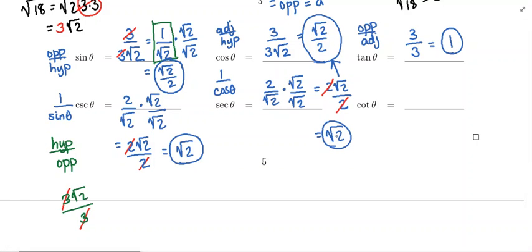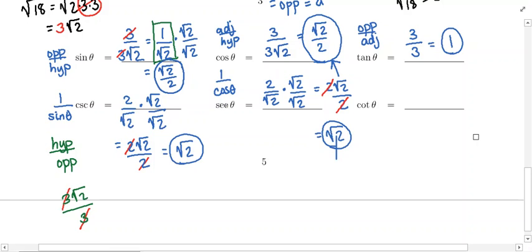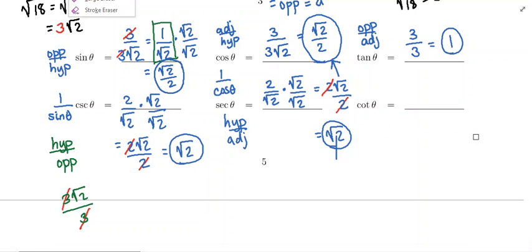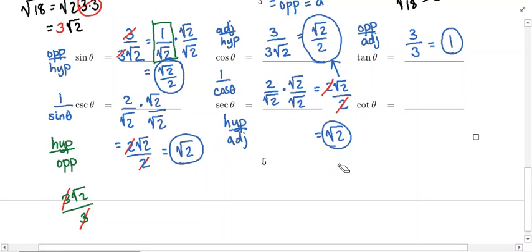You could have also treated this one as, since secant is 1 over cosine of theta, and cosine of theta is adjacent over hypotenuse, the secant is the same thing as the hypotenuse over the adjacent. So you could have gone up to your triangle here.